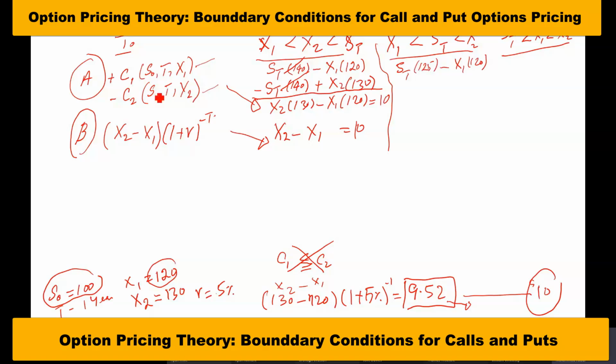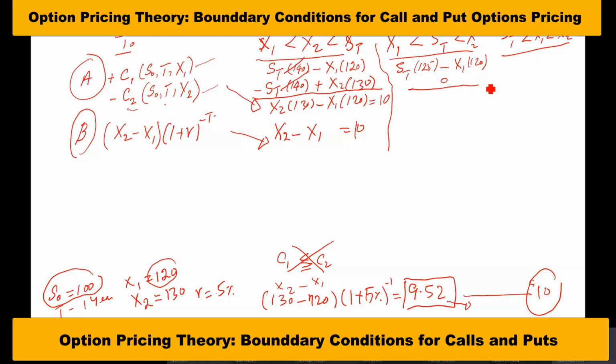However, the call that I have written will be out of the money. Why would the buyer of that call ask me to give him the share for 125, the share that is currently worth 125, which can be purchased in the market for 125, and he pays me 130 for it? So he will let his right expire.